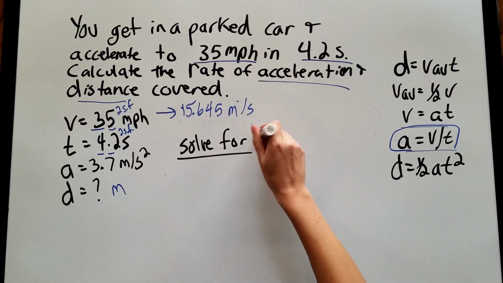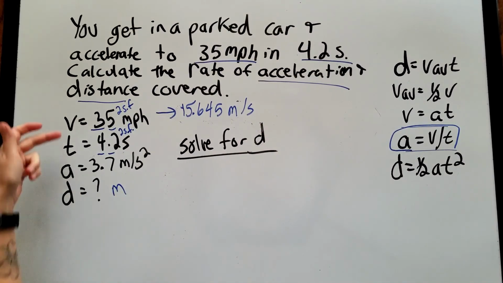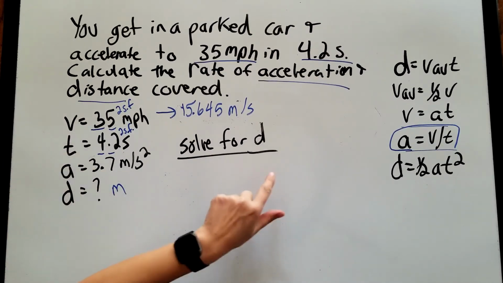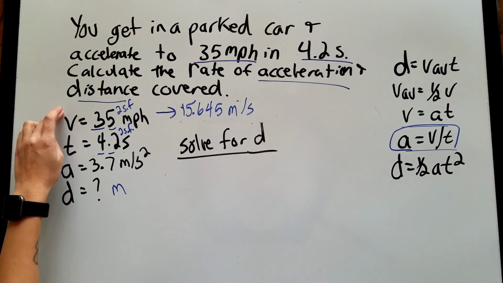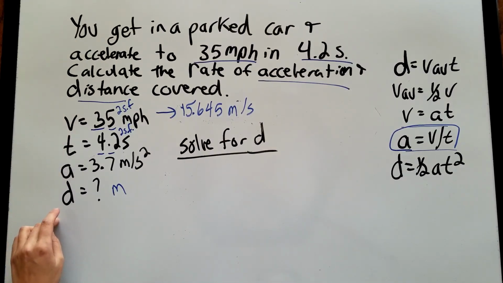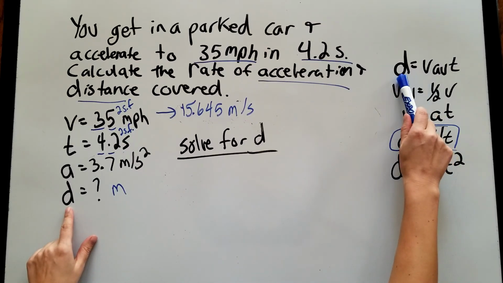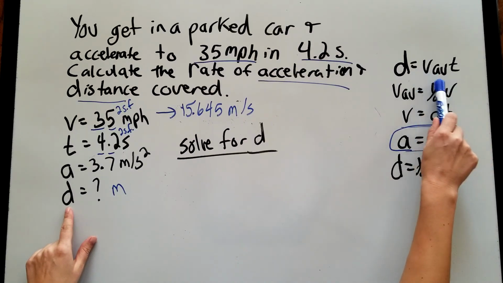So next we're going to solve for d, distance. So now we know velocity, time, and acceleration. So when we're solving for distance, we can find an equation with all four of those variables. Okay, so if I look through, the first one has distance and it has time, but it has average velocity.